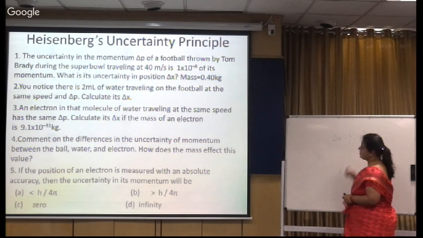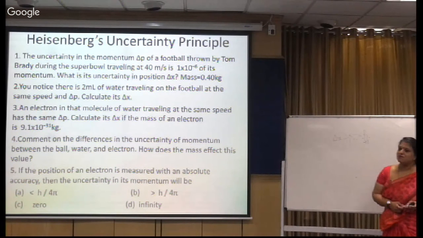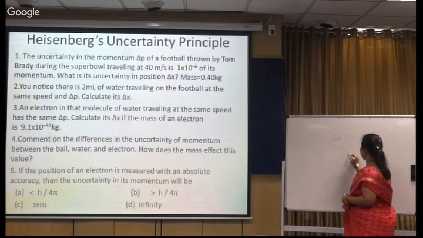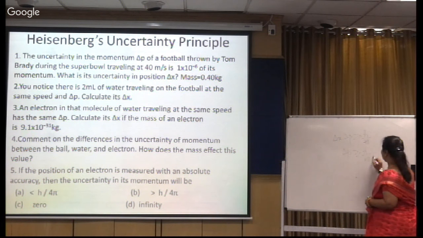Now the question is saying that if the position of an electron is measured with absolute accuracy, what do we mean by that? Absolute accuracy means delta x is 0. So when delta x is 0, delta p, we have to find out, is greater than or equal to h upon 4 pi delta x.